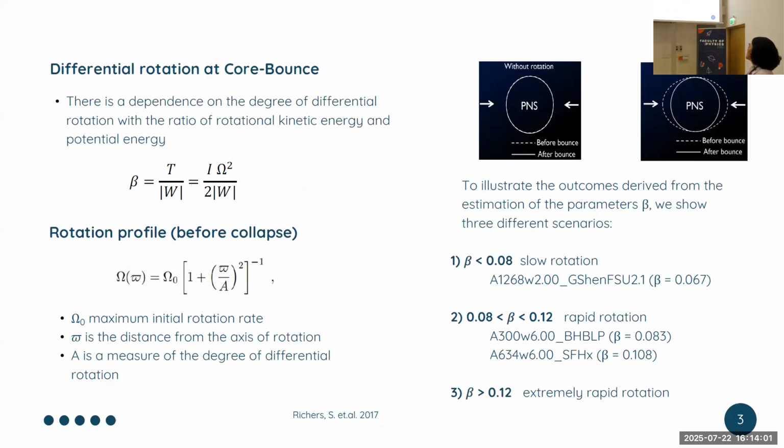And the parameter beta that we chose is in this value. The beta parameter, as I mentioned before, is the ratio between rotational energy and potential energy, and this value depends on the rotational profile. This rotational profile is defined by the maximal initial rotation, the distance from the axis of rotation, and the measurement of the degree of differential rotation.